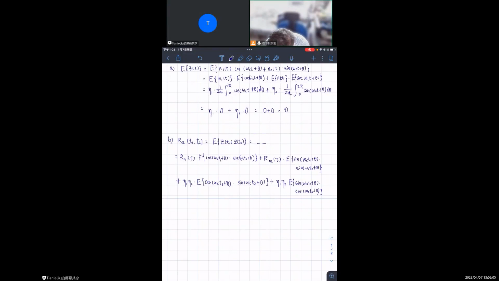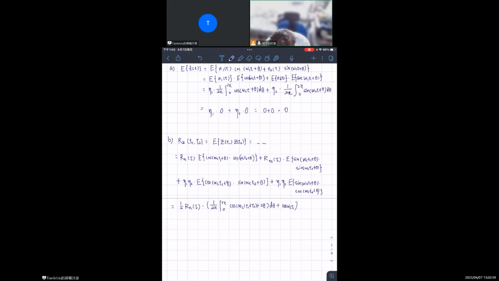Since we have the expected values of the cosine and sine products, we can rewrite them as integrals.